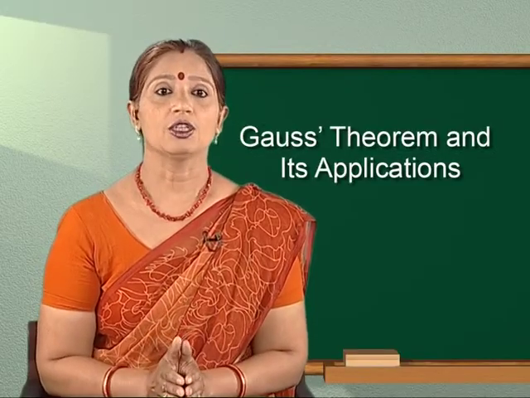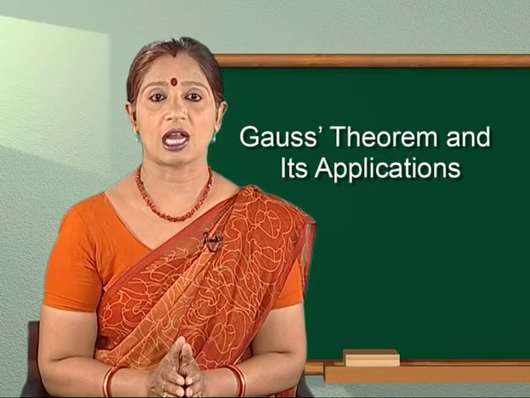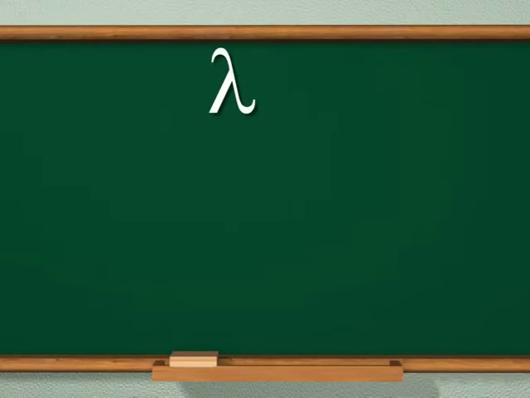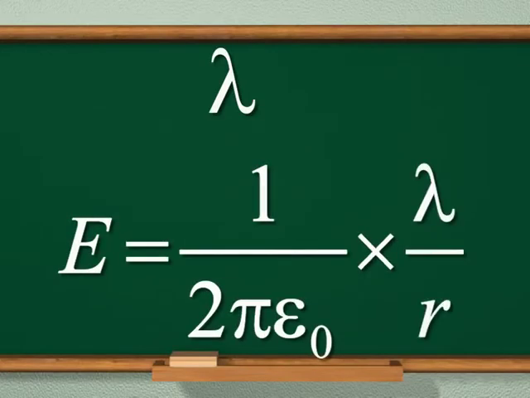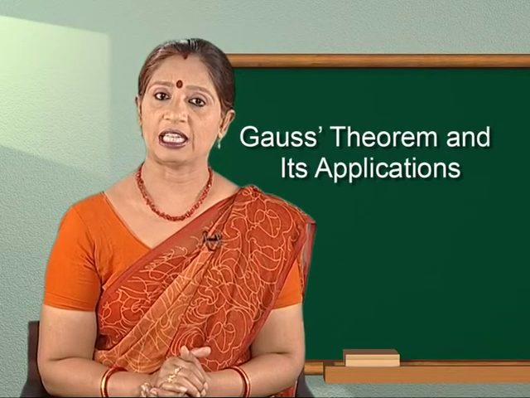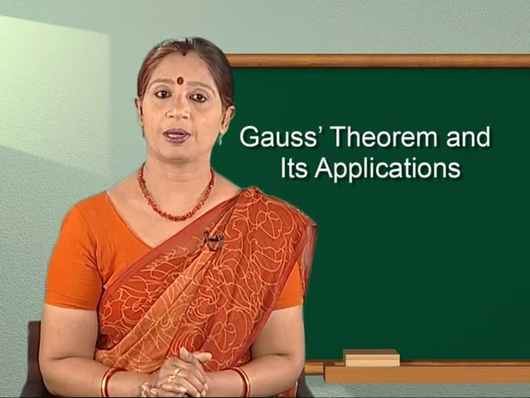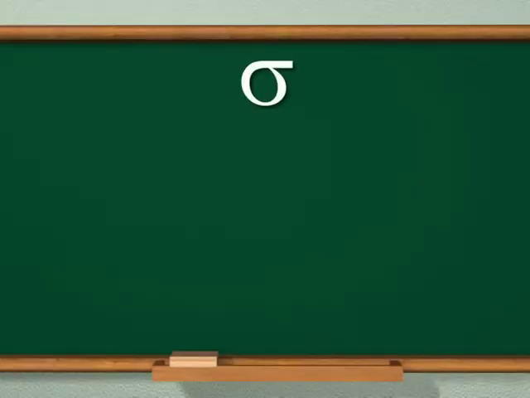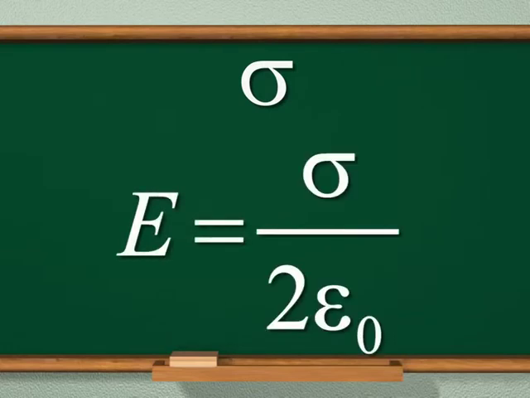Electric field due to a continuous line of charge density lambda is E equal to 1 by 2 pi epsilon naught into lambda by r. Electric field due to an infinite plane of charge density sigma is E equal to sigma by 2 into epsilon naught.